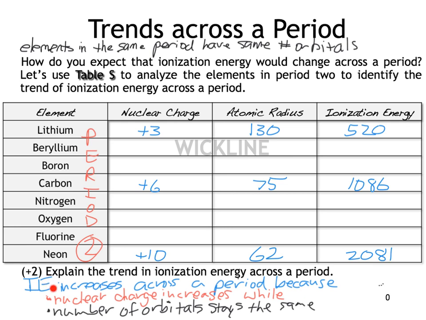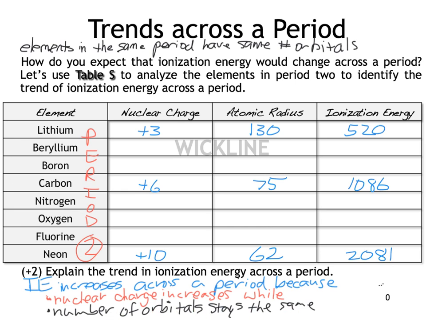So if you just say these 2 things, the blue and the red, I don't think that's enough, because you're leaving out all the examples where ionization energy decreases with an increase in nuclear charge. The only way this explanation is complete is if you make an oblique reference to the fact that you're only talking about elements that have the same number of orbitals.